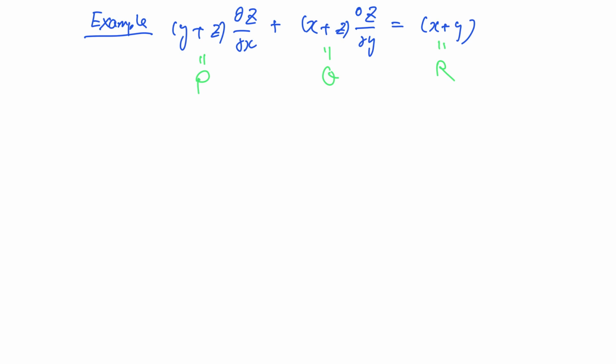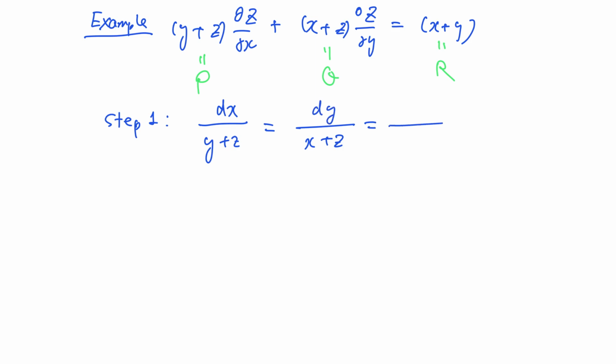So step one, what do we do? dx over (y plus z), dy over (x plus z), dz over (x plus y). It's supposed to be the same as this, right?